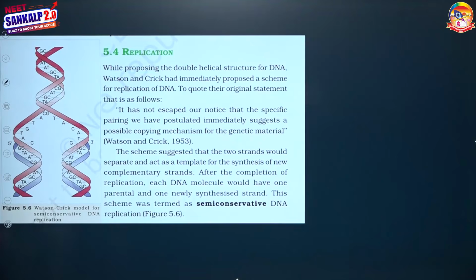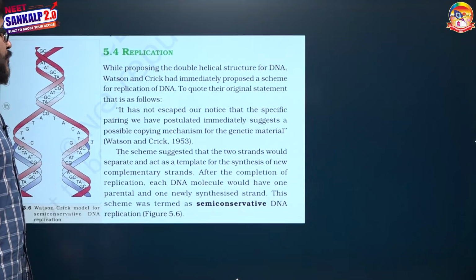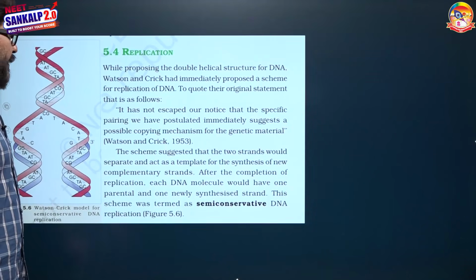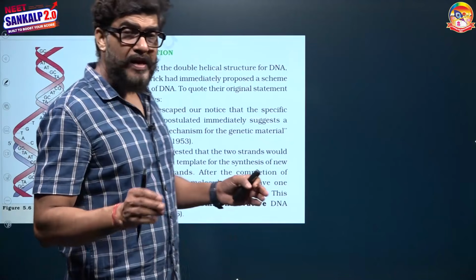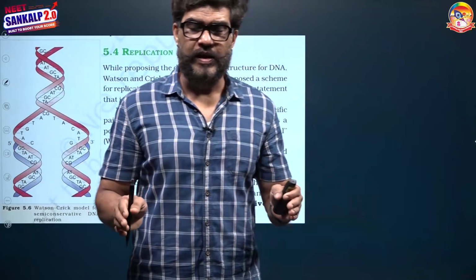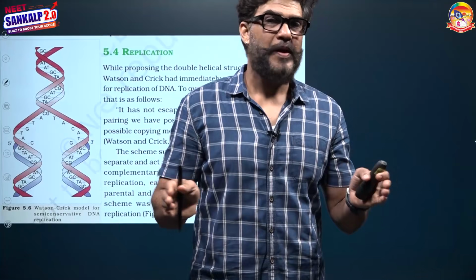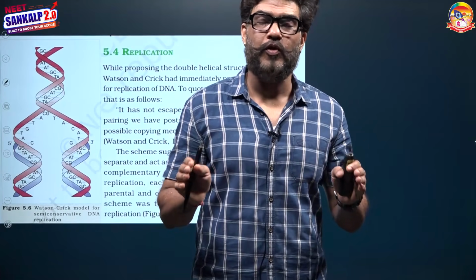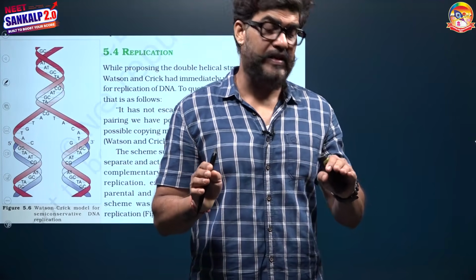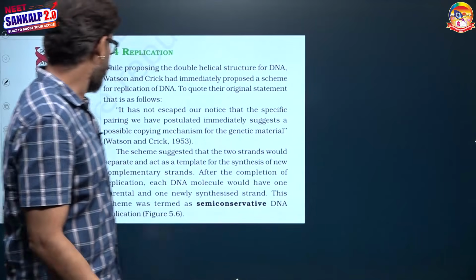Replication, that is, synthesis of DNA from DNA. While proposing the double helical structure for DNA, Watson and Crick immediately proposed a scheme for the replication of DNA. Means the semi-conservative nature of DNA replication was first suggested by Watson and Crick. But they couldn't provide any evidence to explain it.